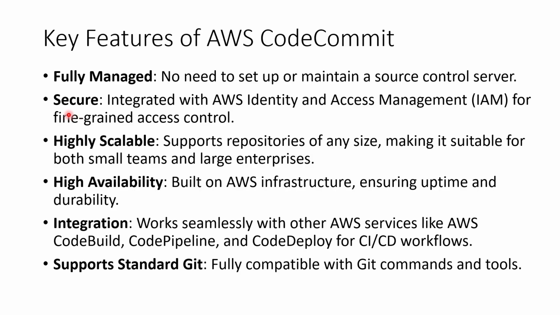And when it comes to security, there is integration with AWS Identity and Access Management for fine-grained access control. Assume you are working on a project and you have been assigned only that repo, so you cannot do multiple things.